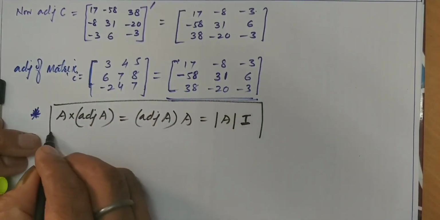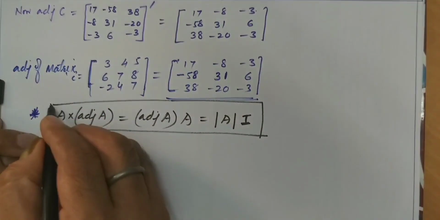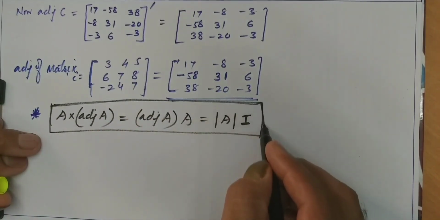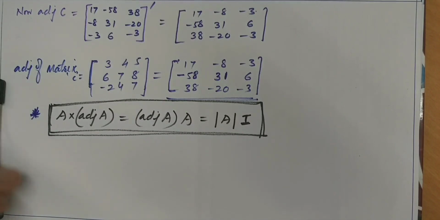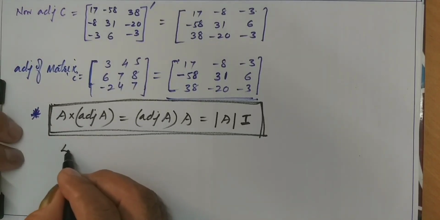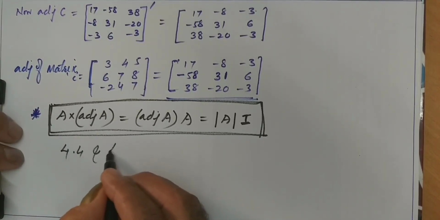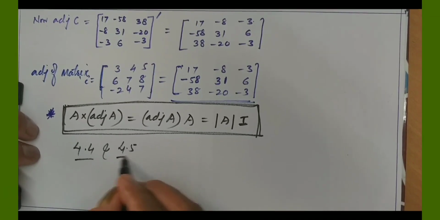This you have to keep in mind. Sometimes it is asked to prove this relationship for any matrix. So this is a very important relationship. Now based on this concept, we will solve exercise 4.4 and 4.5.